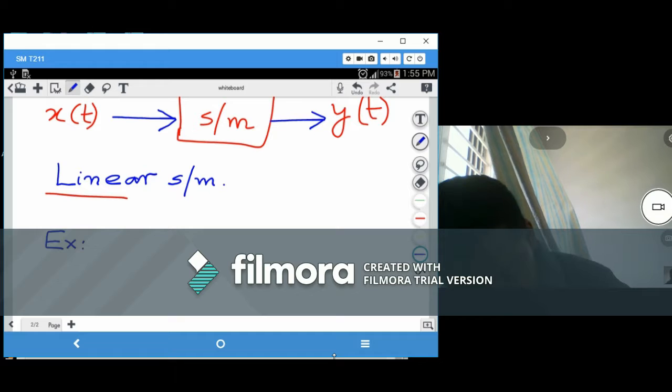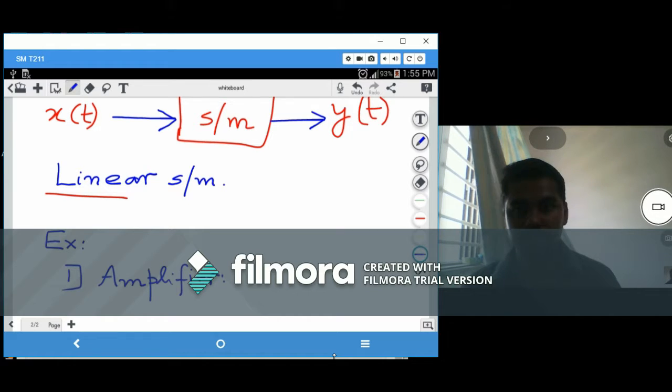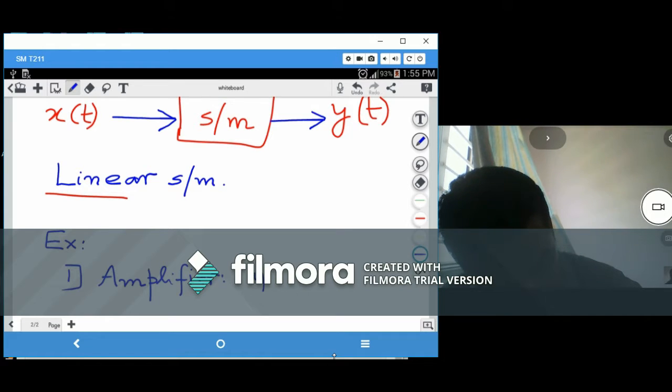The first example that we take is that of an amplifier system. What does an amplifier system mean? The amplifier system can be represented as y of t equal to some c times x of t.